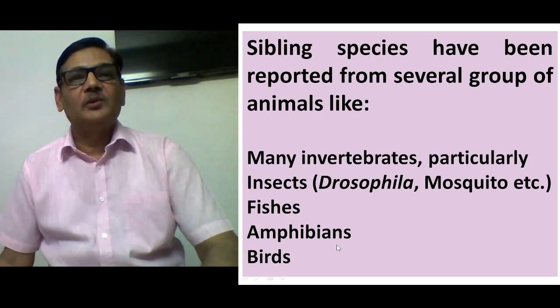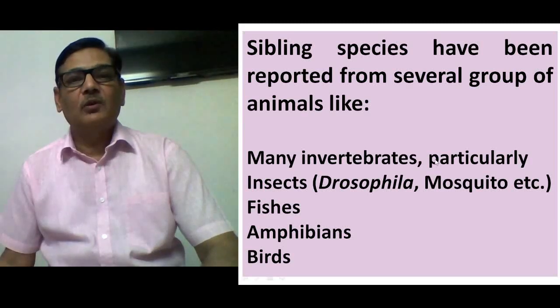Now, these species have been reported in several groups of animals, like in many invertebrates. See, marine invertebrates are there, like annelids, or mollusks, arthropods like crustaceans. And in those groups of invertebrates, sibling species have been reported.